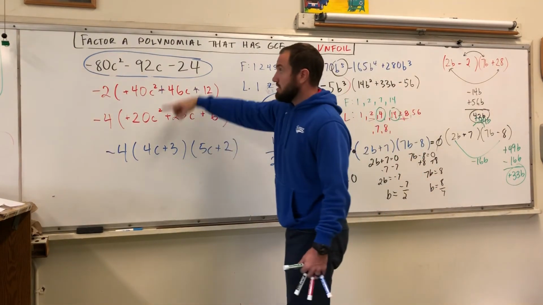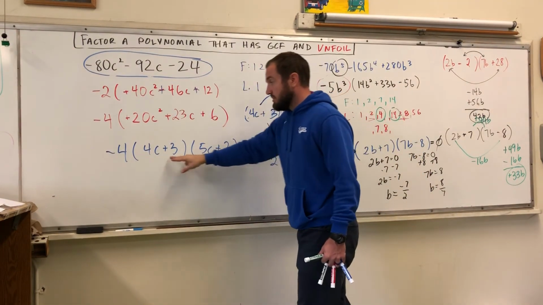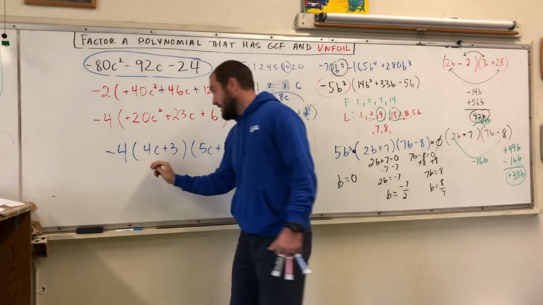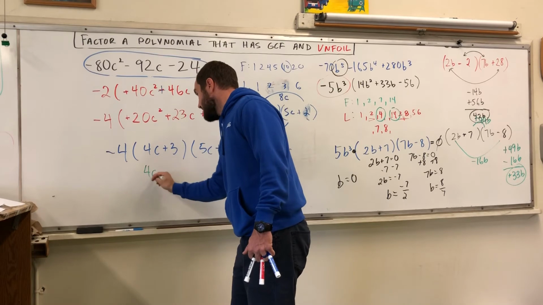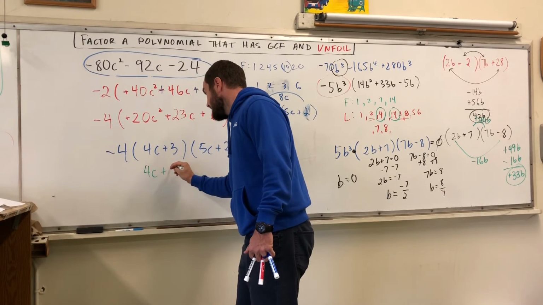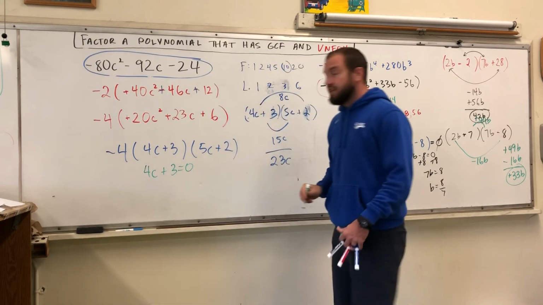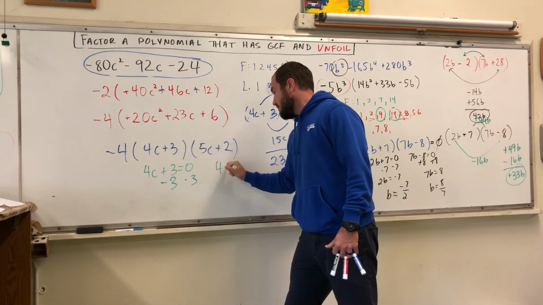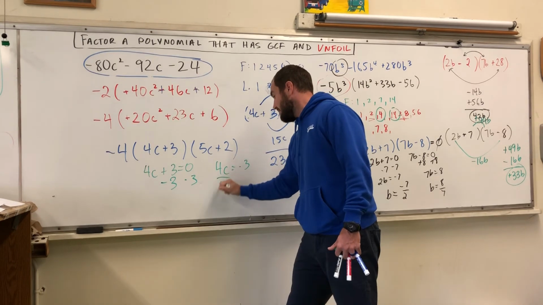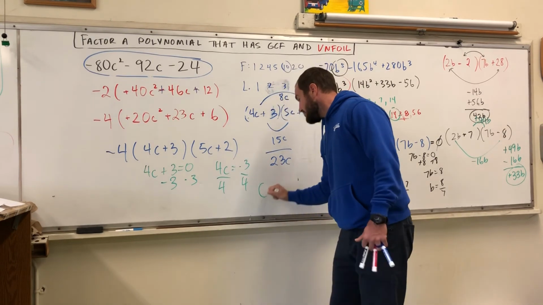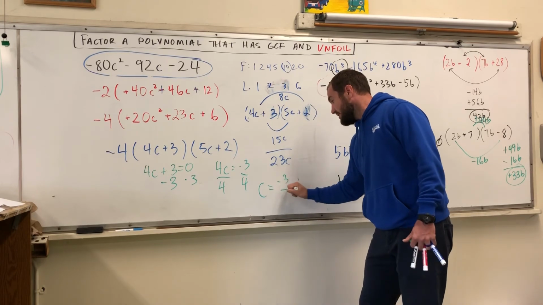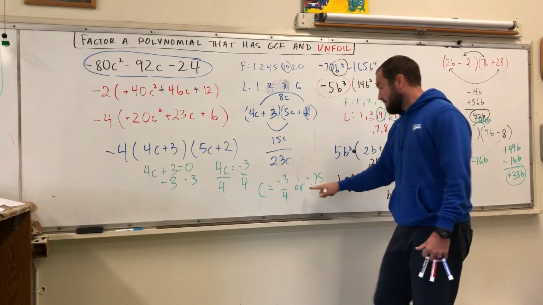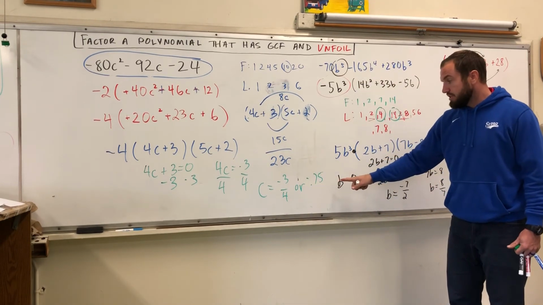You could also put this into a graphing calculator and see one of your zeros. Here's a cheat. Let's say 4c is equal to negative 3, divide by 4, and you see one of your zeros is negative 3 over 4, or negative 0.75.